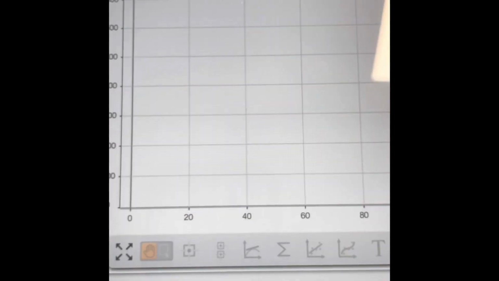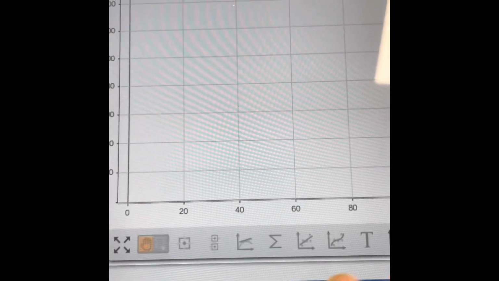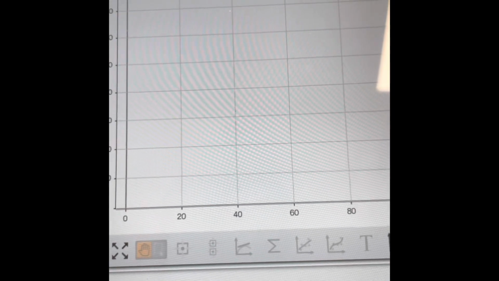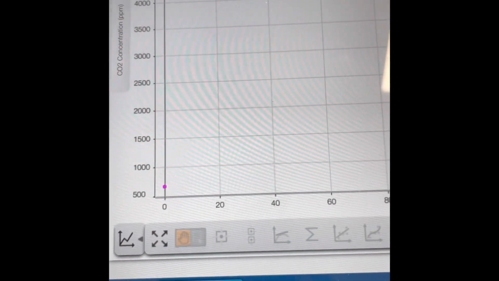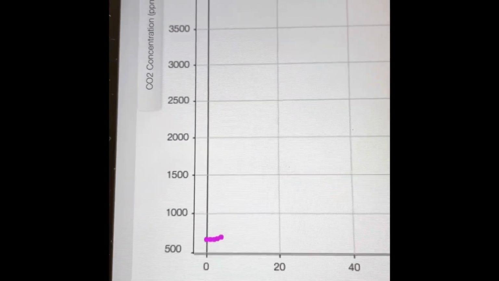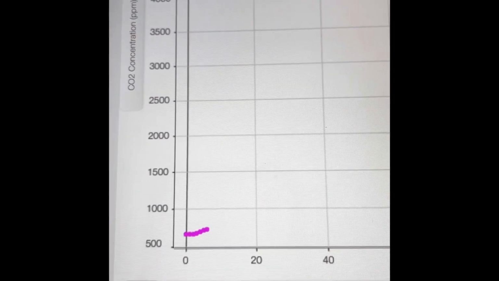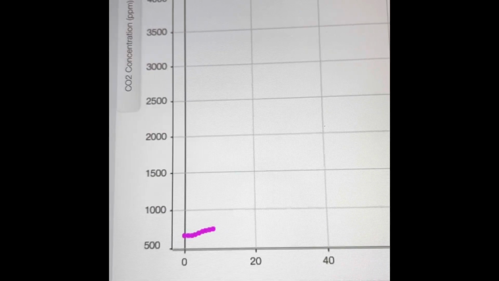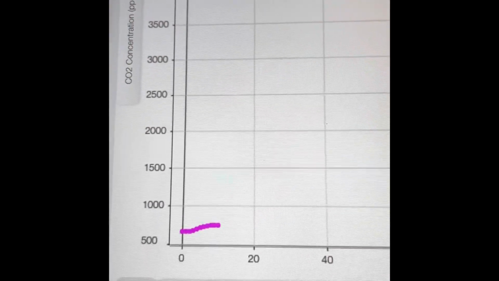Let's start collecting some data. We're not starting the experiment yet, but let's collect some data. All right, and there we are. We're measuring CO2. It's going up slightly. I am talking.